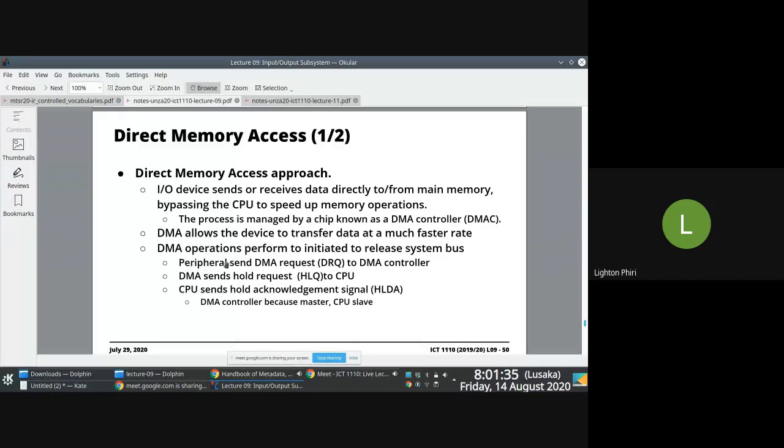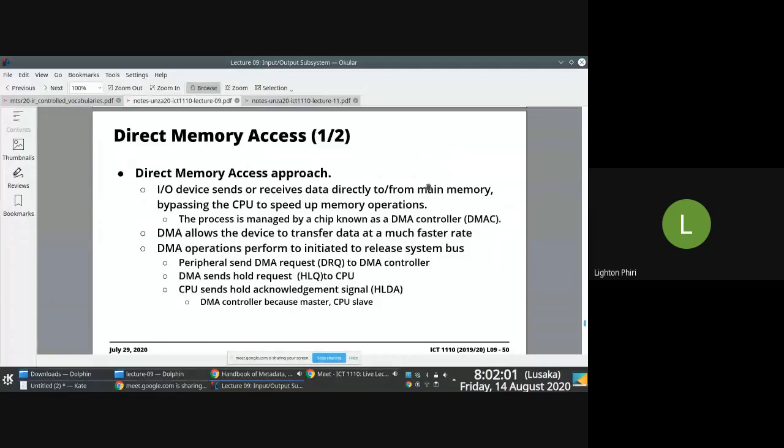When we made mention of the fact that the peripheral will send a DMA request to the DMA controller, what we're saying is it needs to signal the fact that it needs access to memory. Then the DMA controller will tell the CPU that the peripheral needs temporary access to the address bus so that data is transmitted to and from the memory.